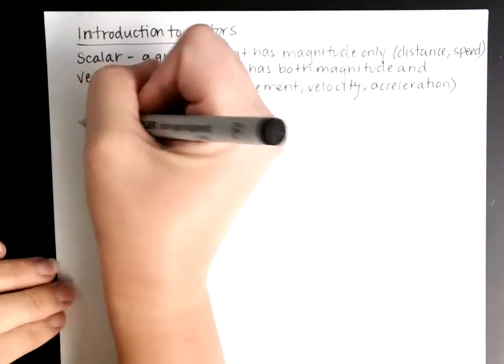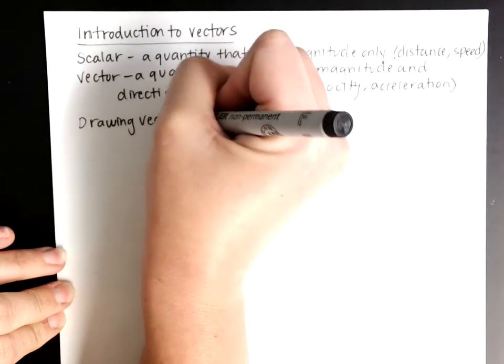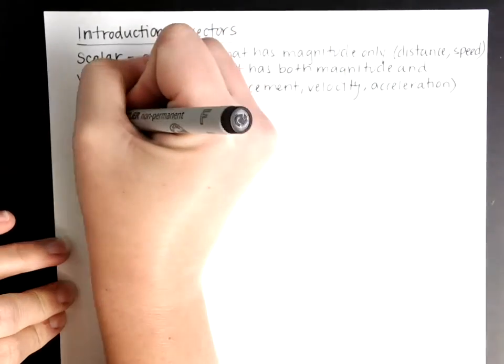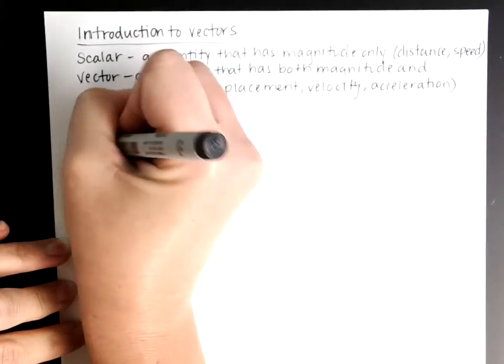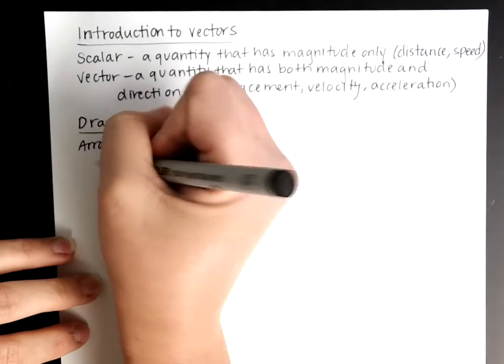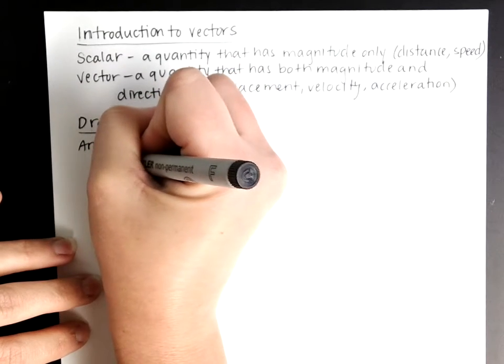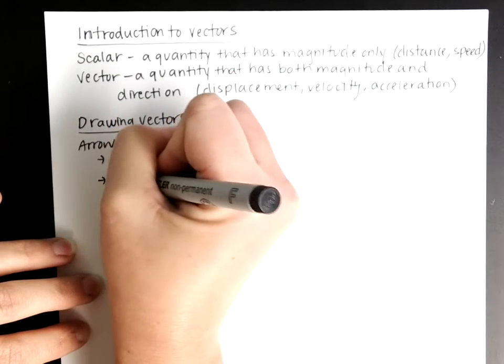So drawing vectors. There's a few steps to drawing vectors. There's a few different things that you need to know. First of all, there's going to be an arrow. The arrow is going to have an angle and the length.